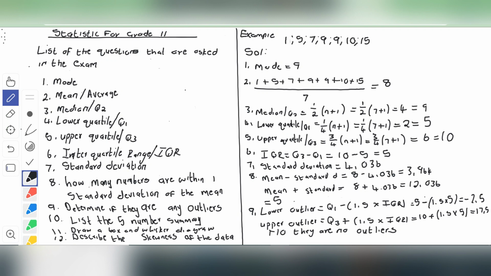We're only left with 3 questions from statistics for grade 11. If question 1 contains 12 marks, you're going to take those 12 marks. In the second video we'll list the 5-number summary, draw a box and whisker diagram, and describe the skewness of the data.